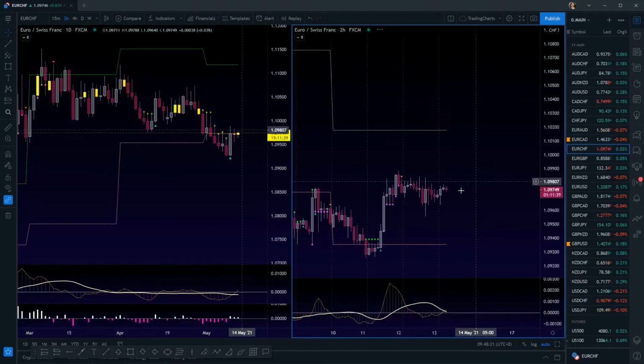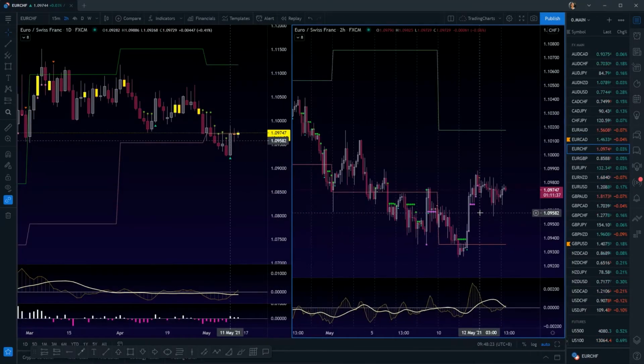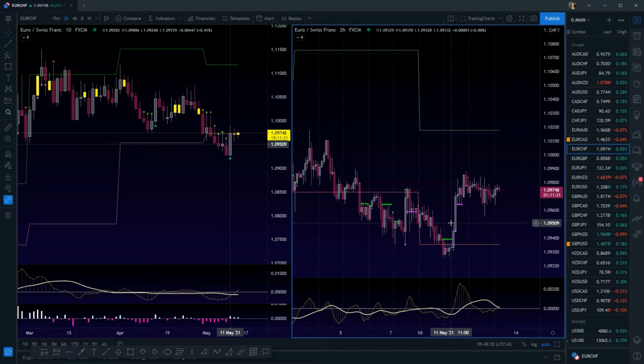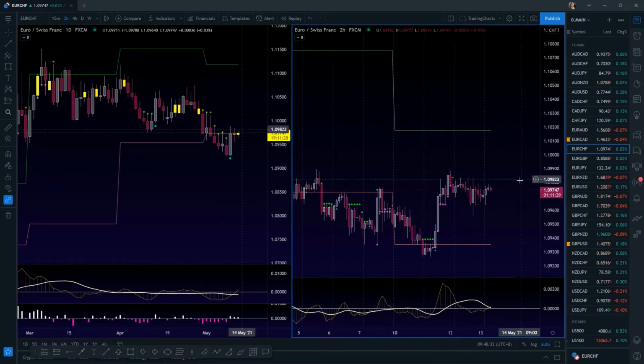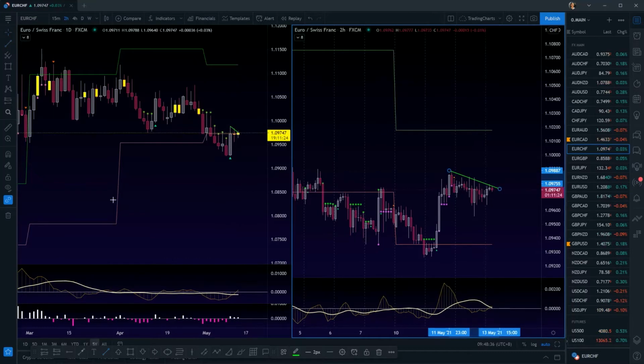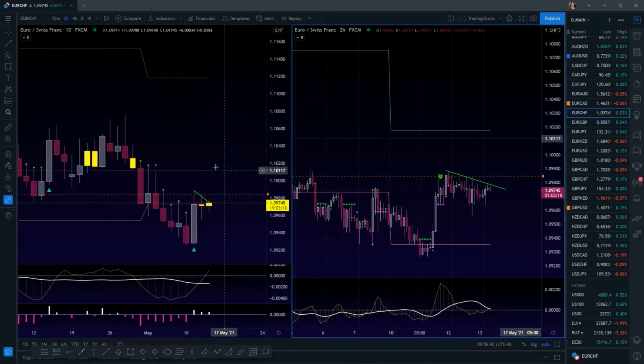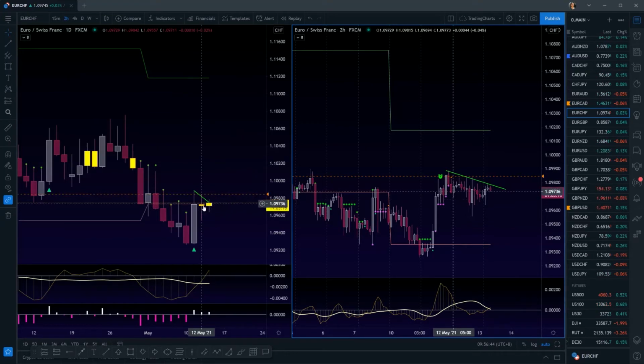Okay, Euro Swiss. We got a narrow range trading day after a wide range trading day, so this is like a pause in the market.